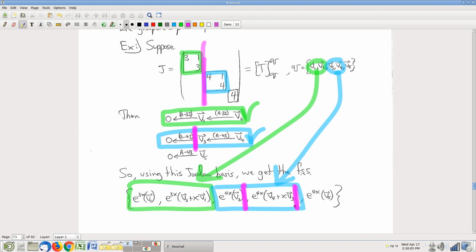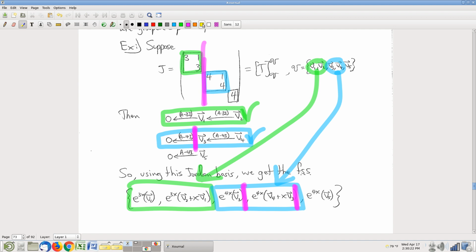You don't go on to V2 or V1 in evaluating these down here. Does everybody see what I'm talking about? This is important. A lot of students mess up on this and just think, oh, you just keep going backwards through the list. It's separate lists for each Jordan block, and you never move from one to the other.